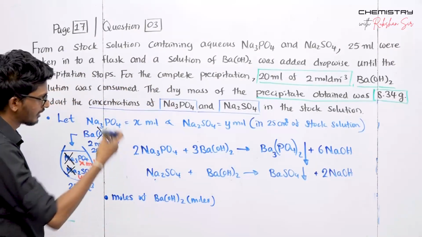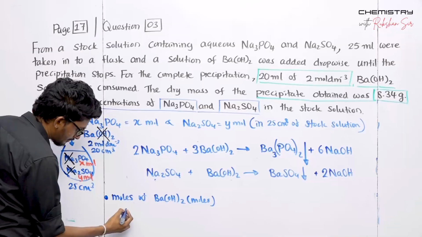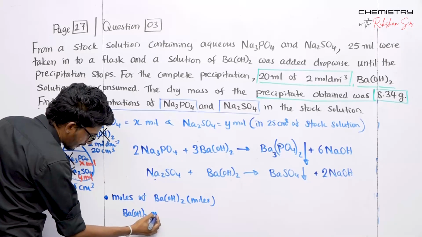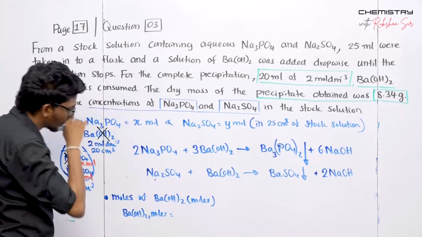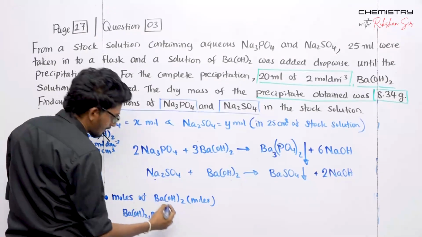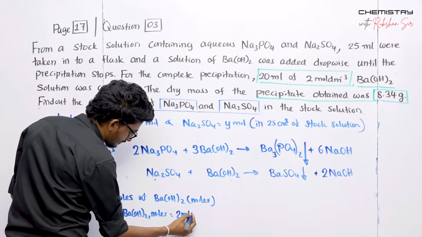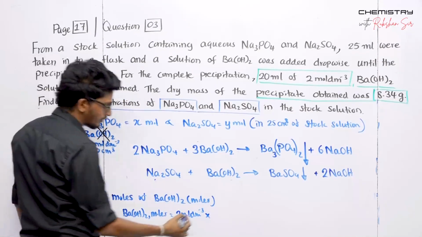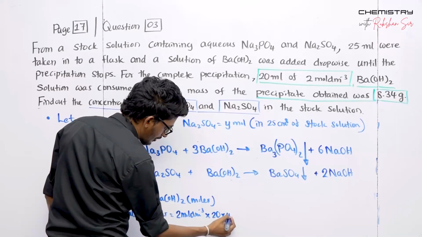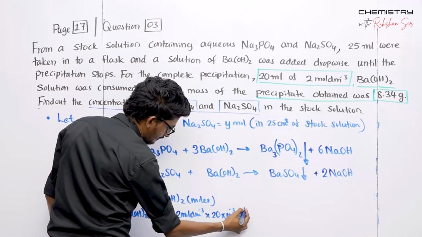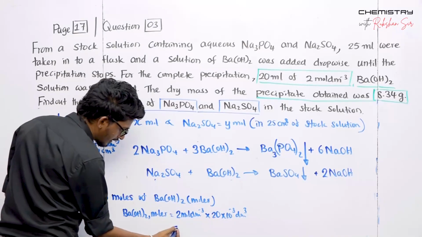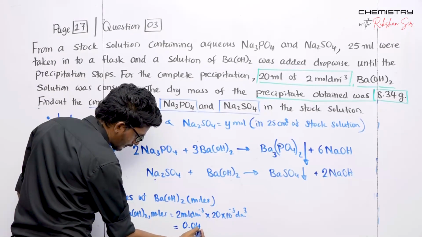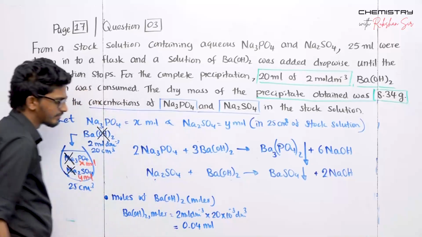So let's come up with the data point first. Ba(OH)2 moles: concentration multiplied by the volume in dm³ gives the moles, that is 20 × 10^-3 ... 14 × 10^-3, that means 0.04 moles.